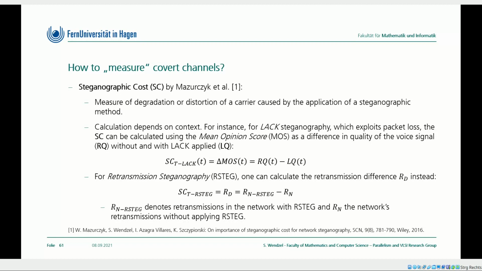You have a stream or a flow of network packets, and you drop selected packets to encode a hidden message, and the receiver just checks which packets are dropped. The steganographic cost can be calculated using the mean opinion score as a difference in quality of the voice signal without and with this LACK method being applied. So over time we would check the delta in mean opinion score between both scenarios.